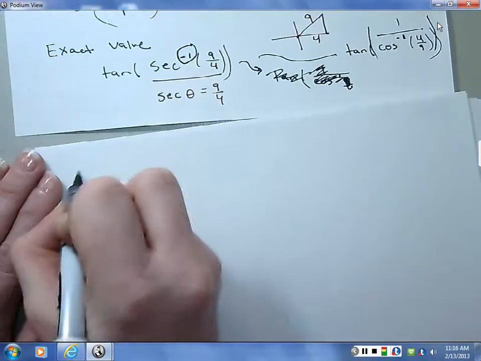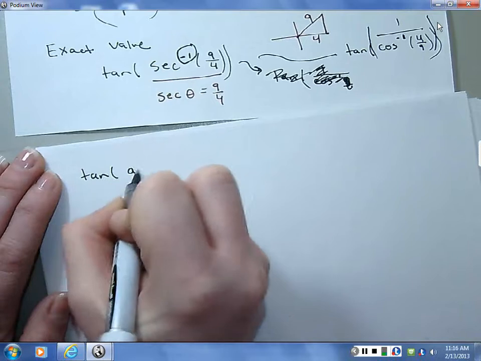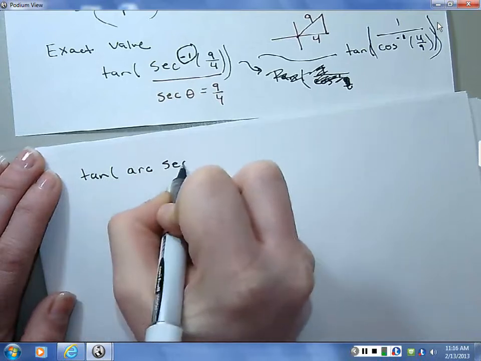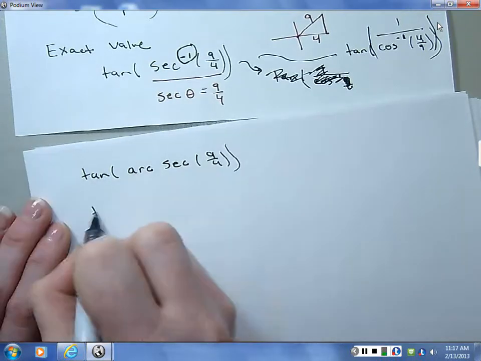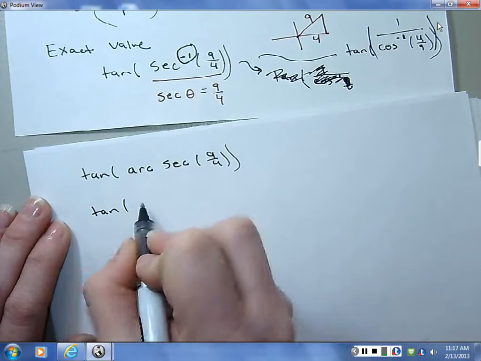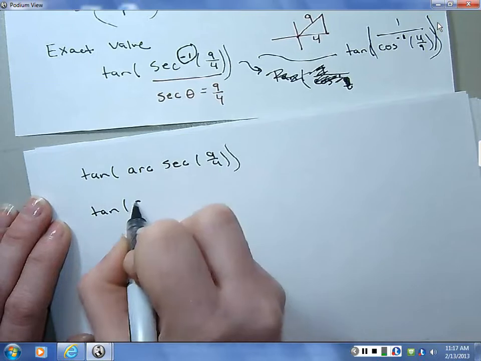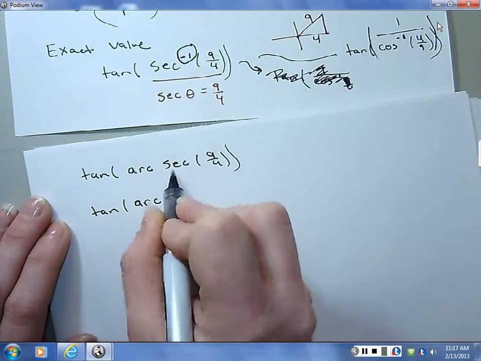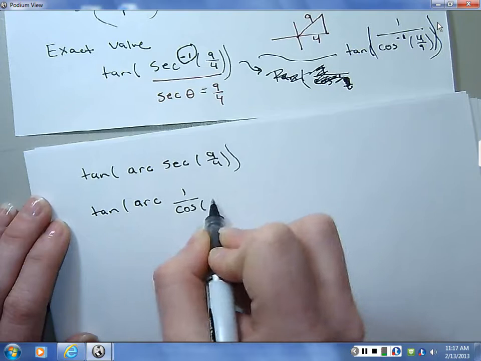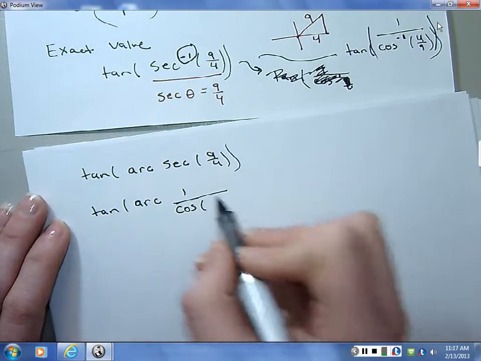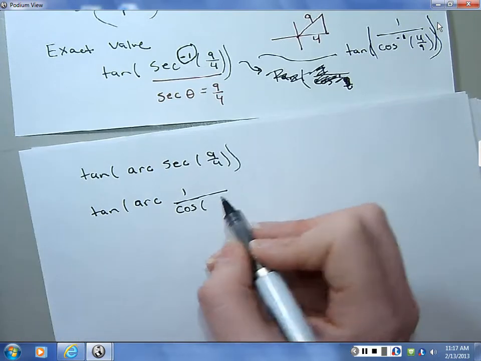I could write it as tangent of arc secant of 9 over 4. So that would be tangent of arc of 1 over cosine of 9 over 4, 1 over cosine of 4 over 9.